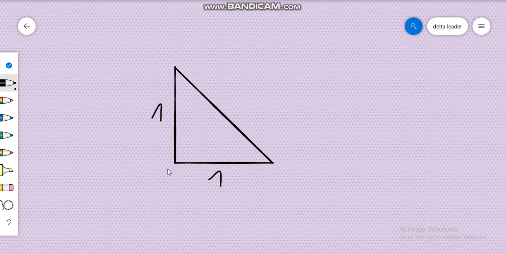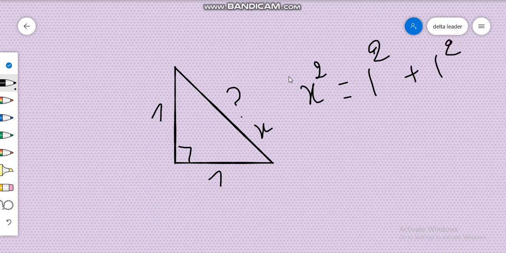And let us remember that this triangle is rectangle, I'm sorry, right-angled. So according to the Pythagorean theorem, the side, let's call it x, can be written as x squared equals 1 squared plus 1 squared, meaning this side squared plus this side squared.